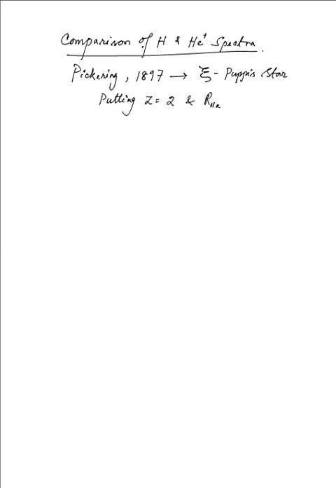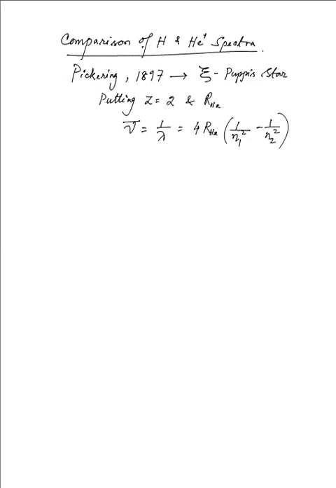What we get is the wave number, which in this case would be simply the reciprocal of the wavelength, which is equal to 4 times, because 4 is the number of nucleons in it, 4 times the Rydberg constant for helium, and we have the 1/n1 square minus 1/n2 square.